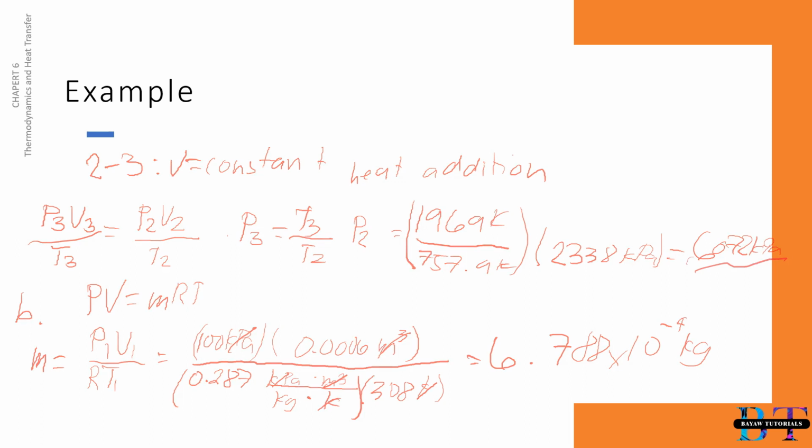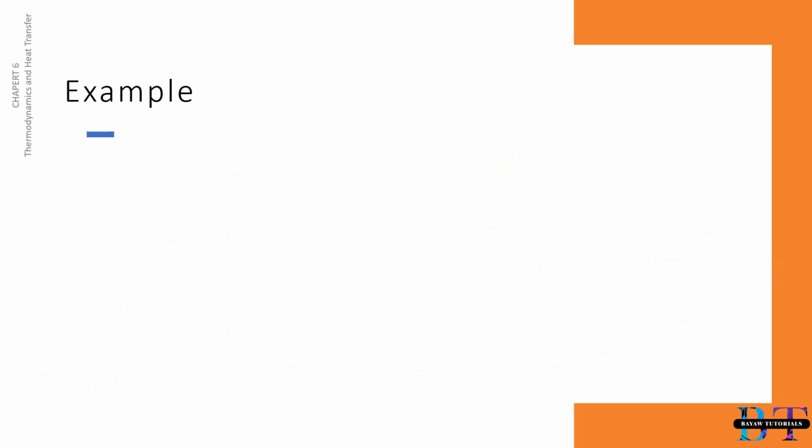So for our Q in, it is equal to mass times specific internal energy at state 3 minus specific internal energy at state 2, which is also equal to mass times constant volume specific heat times temperature 3 minus temperature 2.